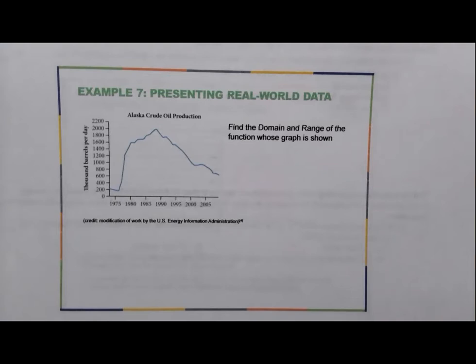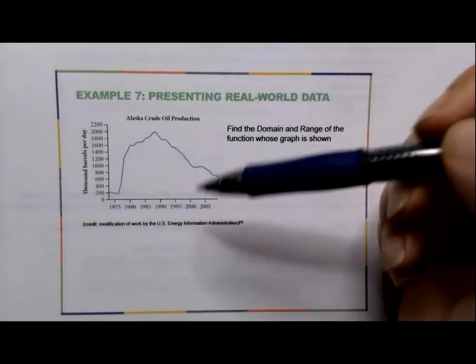Now, here's one real-world problem or data that you may see. It says find the domain and range of the function whose graph is shown. And what do we have here?